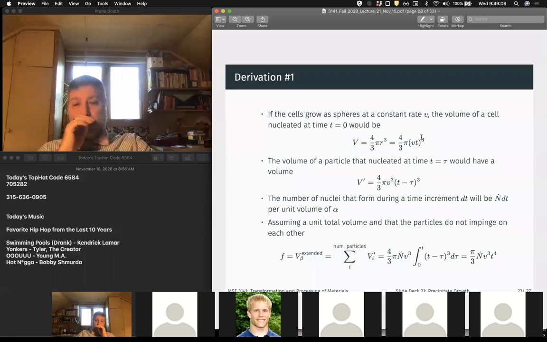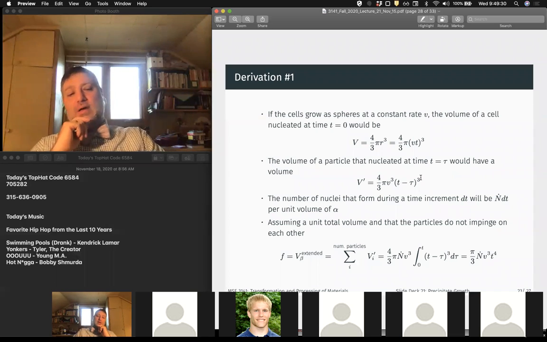So what about a particle that didn't nucleate at time 0, but nucleated later at some time t equals tau?